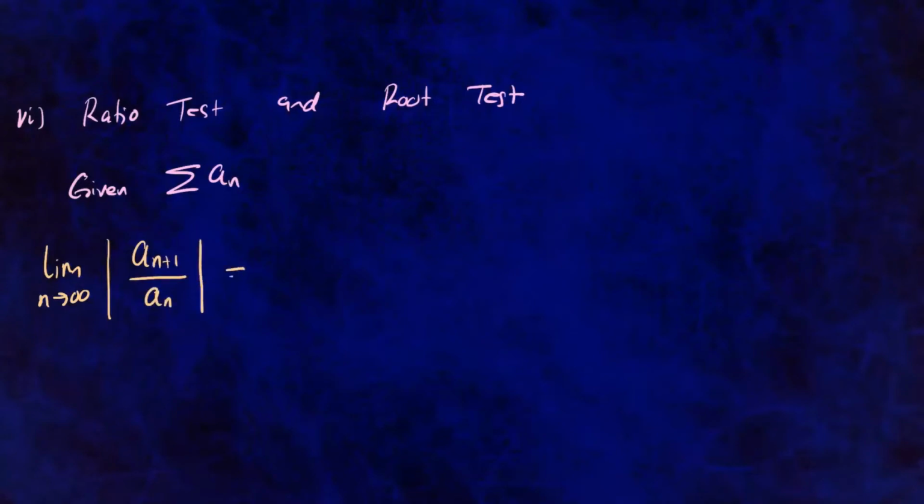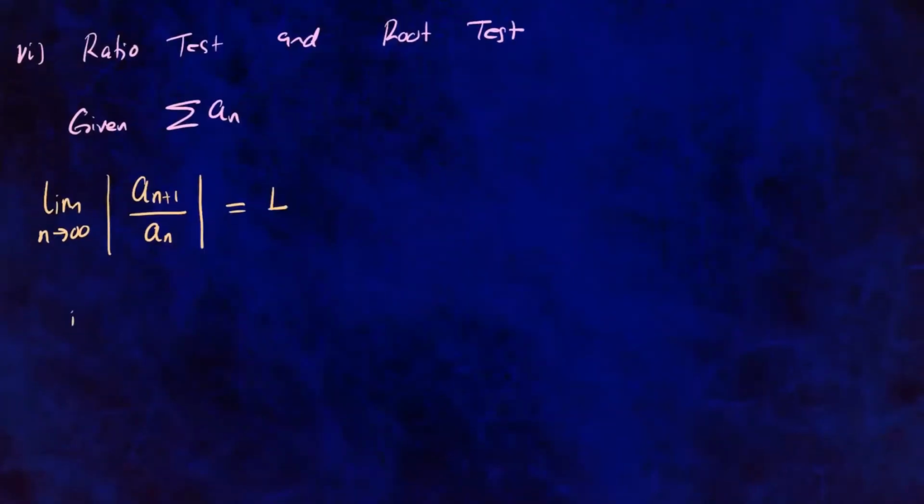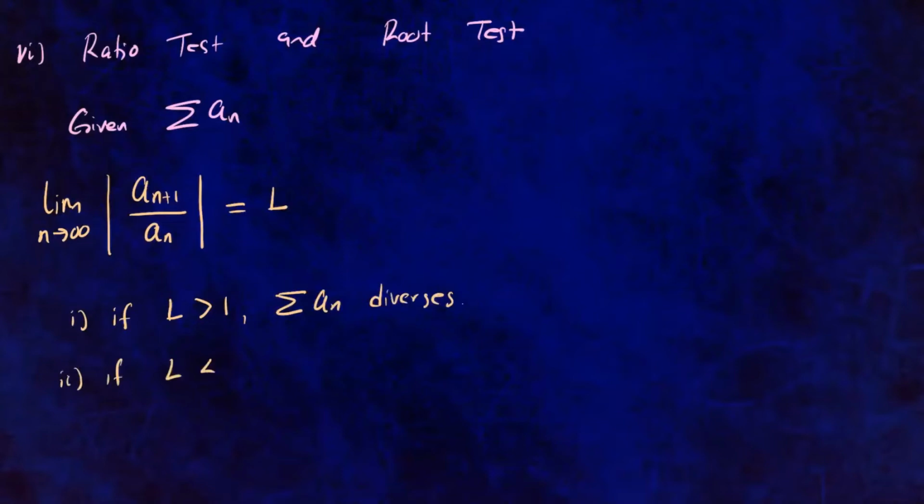And if this limit is L, now we're going to break it down into 3 cases, really. If this L is greater than 1, then the series diverges. Second case, if this L is less than 1, then the series converges.